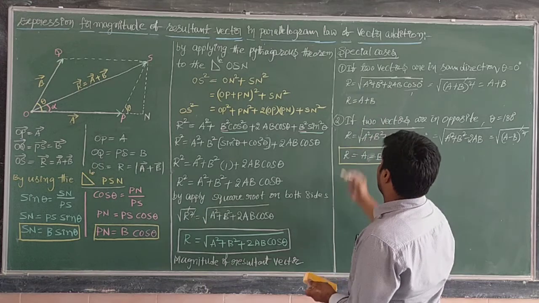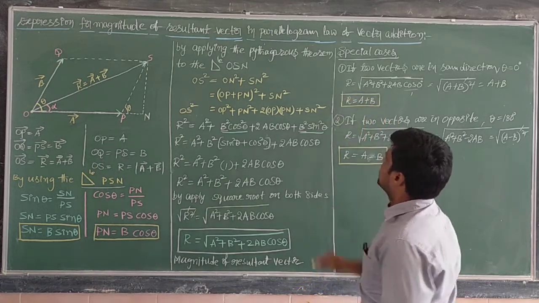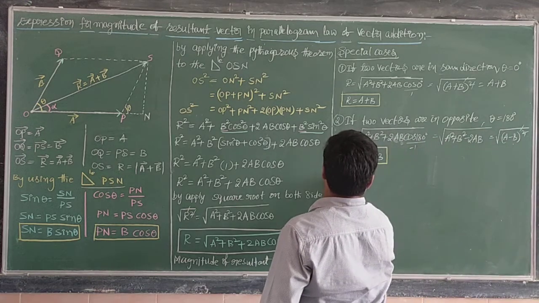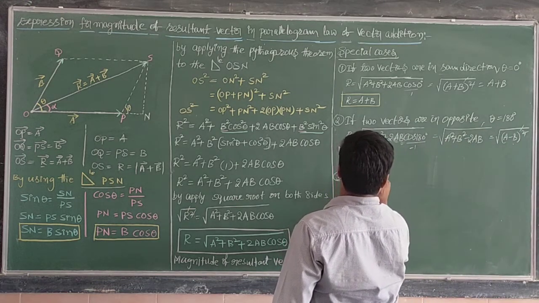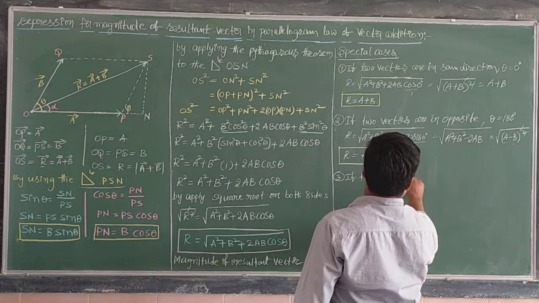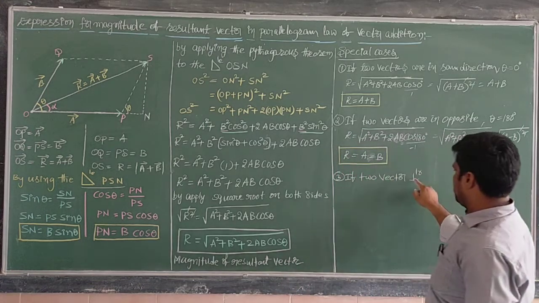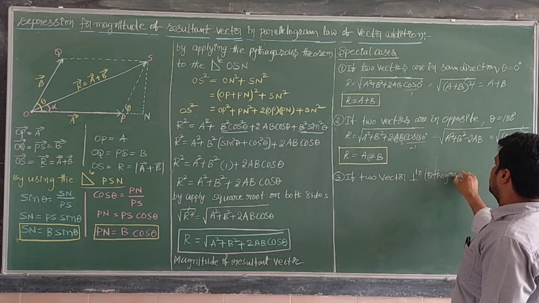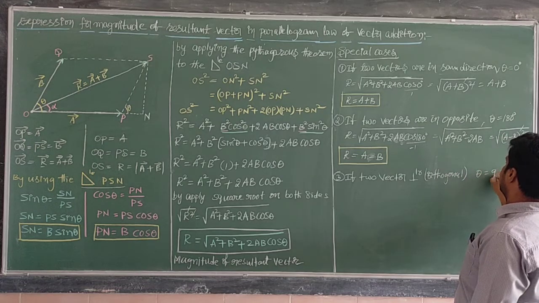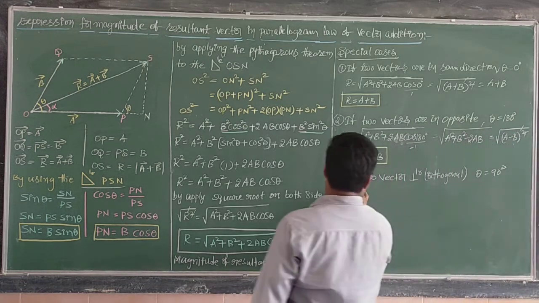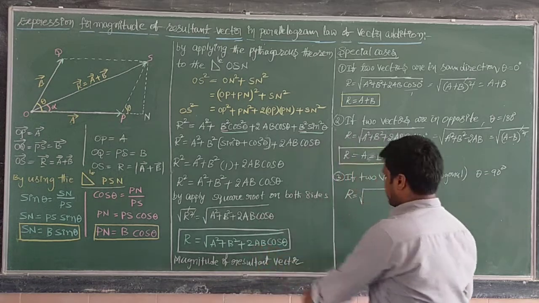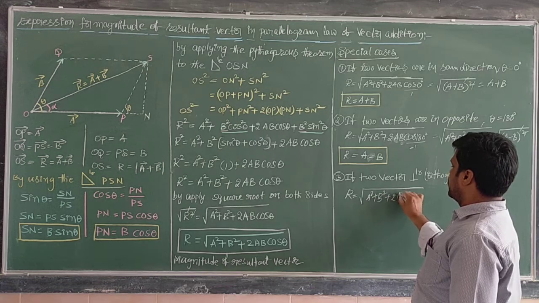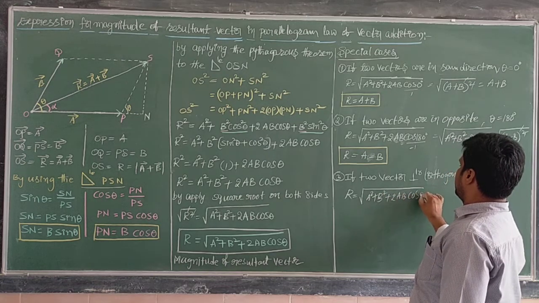Next, suppose the two vectors are orthogonal, that is, perpendicular to each other. Orthogonal means theta is 90 degrees. So R is equal to the square root of a square plus b square plus 2ab cos 90.